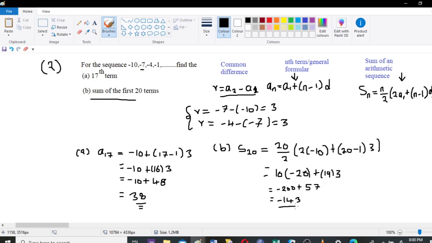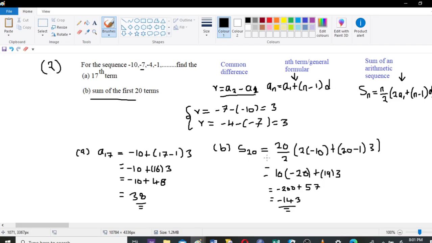So if you add all the terms in the sequence, the first 20 terms, what you are going to get is negative 143. So that is how we calculate that.